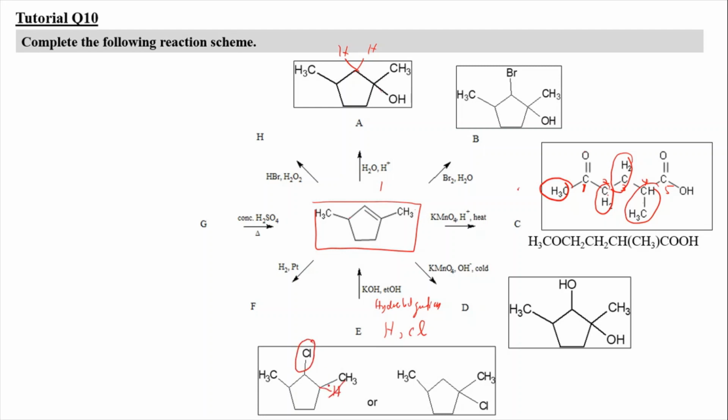When hydrogen and chlorine are removed, a carbon-carbon double bond can be formed here. At the same time, we can swap the position: Cl is going to be here and hydrogen is going to be there. If we remove hydrogen and chlorine by the reaction of KOH and ethanol, we can produce a carbon-carbon double bond, as shown in the product here. So this is going to be your reactant.